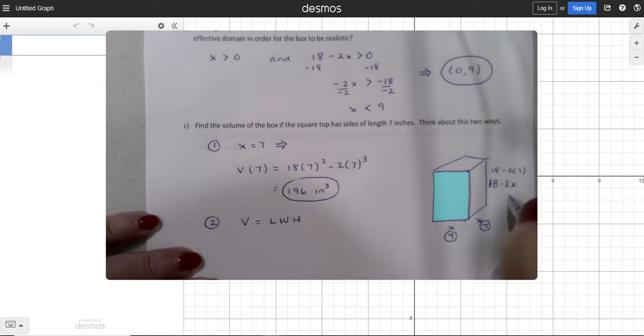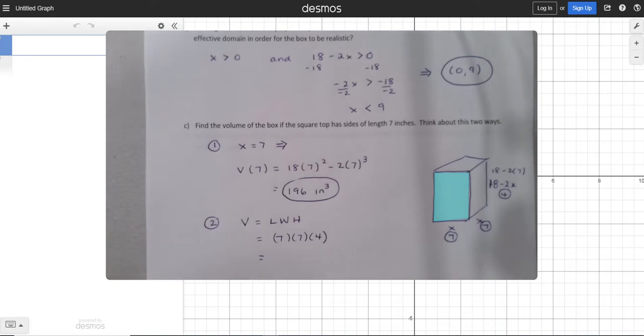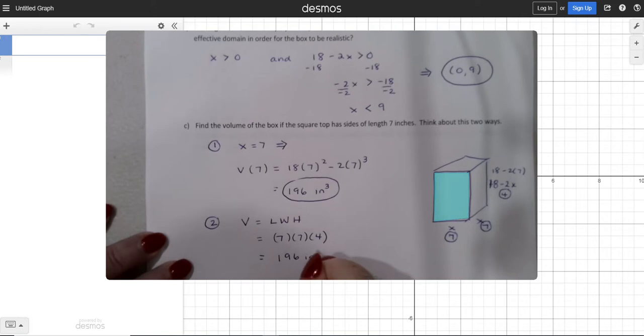So 18 minus 14 would give us a height of 4. And we could just calculate the volume that way as 7 times 7 times 4. And when we do that, 49 times 4 is also 196.